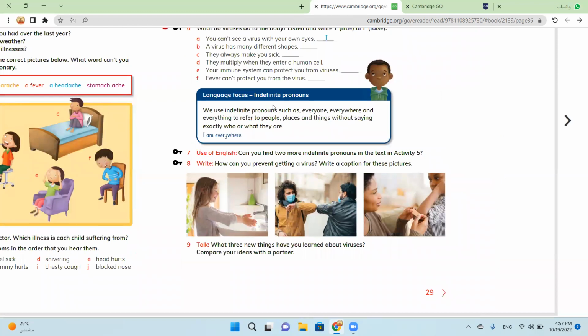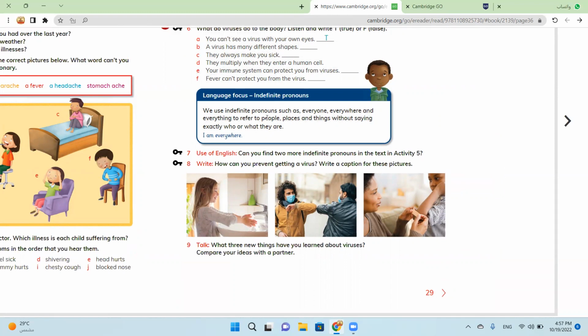Language focus, indefinite pronouns. Here we have a grammar part on page 29. We use indefinite pronouns such as everyone, everywhere, and everything to refer to people.